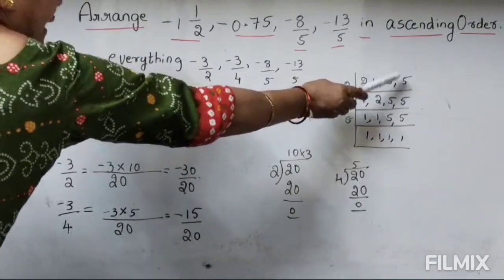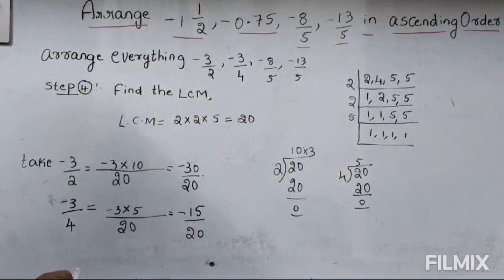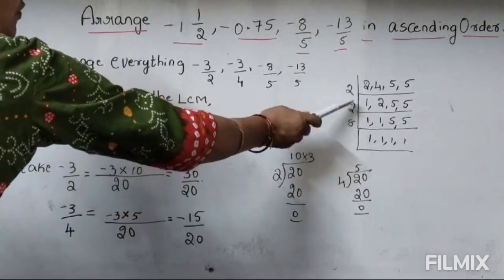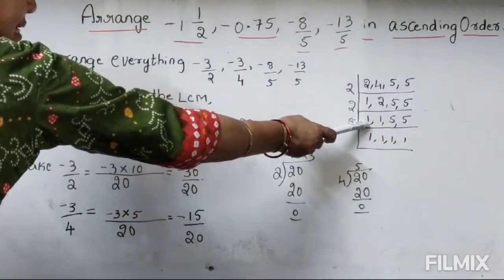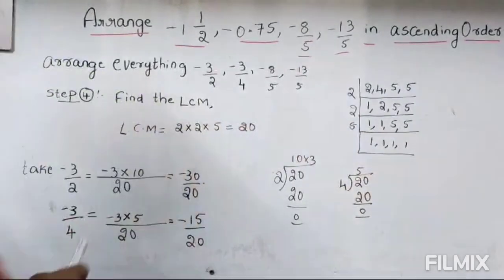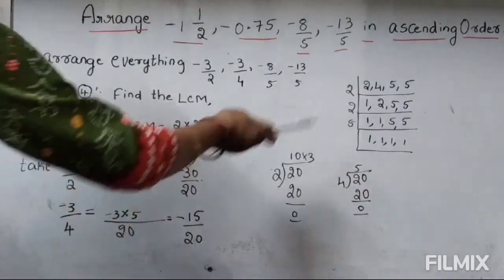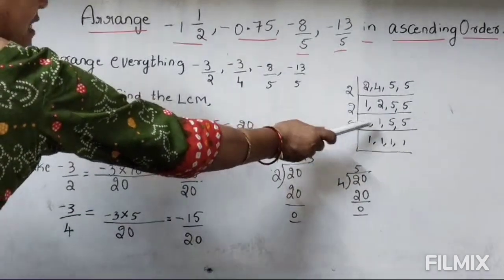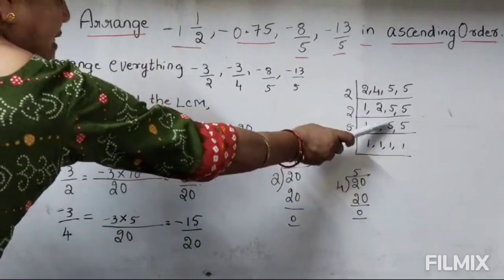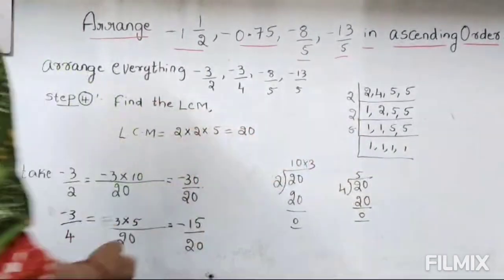You have to retain this 5 and 5 as it is. The next is 2. You have to retain this 1 as it is. 2 1s are 2. 5 and 5 as it is. Now 5, 5, 1. This 1 and 1 have to be written as it is. 5 1s are 5, 5 1s are 5.